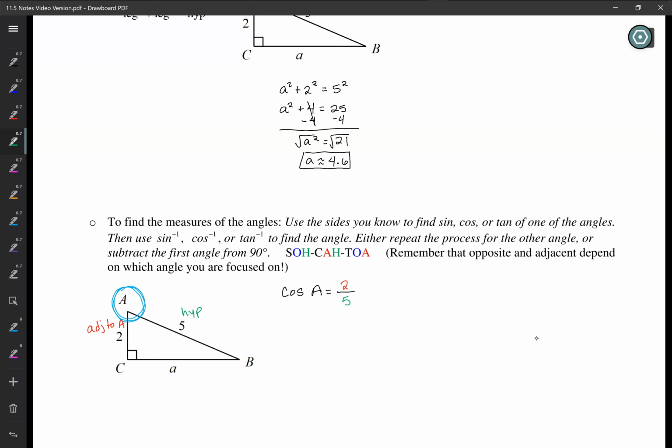So I need to tell my calculator, hey calculator, I've got this angle and its cosine is 2/5. Tell me how big the angle is. So the way I do that and figure out the measure of angle A is I tell my calculator to give me the inverse cosine of 2/5.